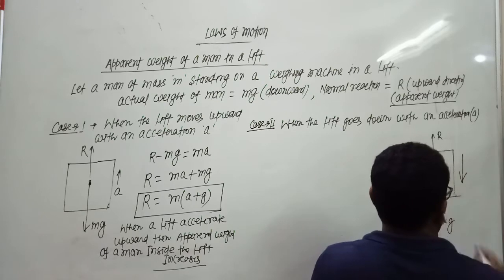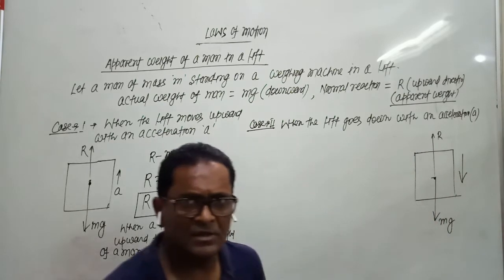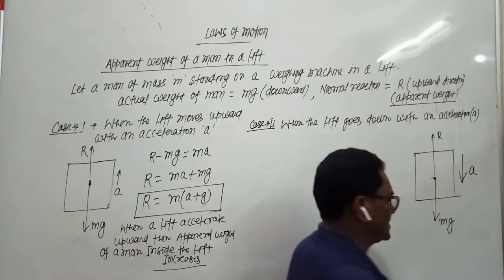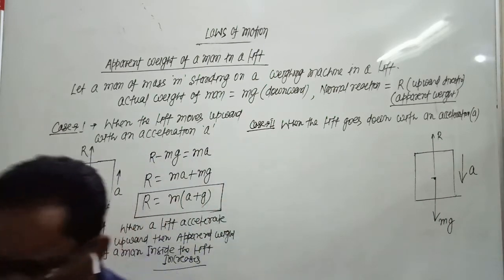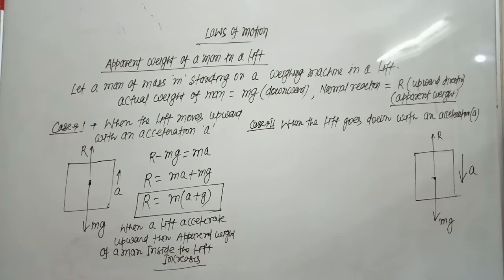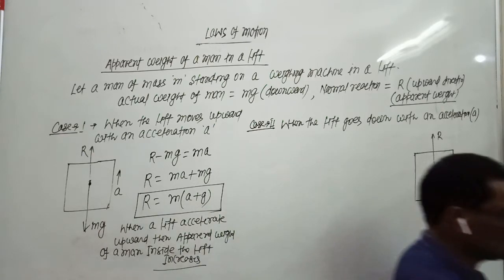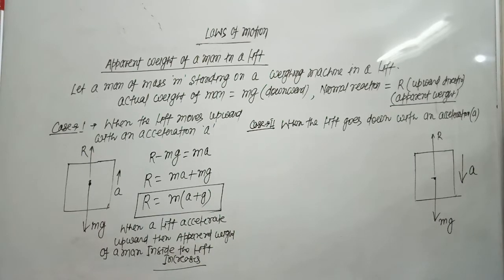The direction of the force is downward, so the acceleration is also in the downward direction. In this case, since the lift is going in the downward direction, it means mg will be greater than R.